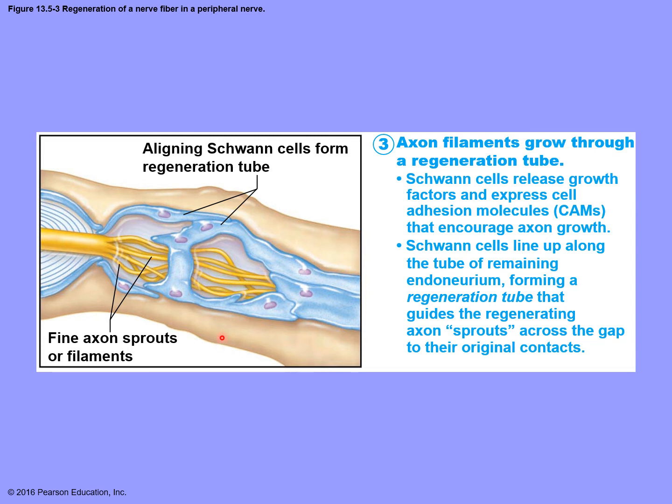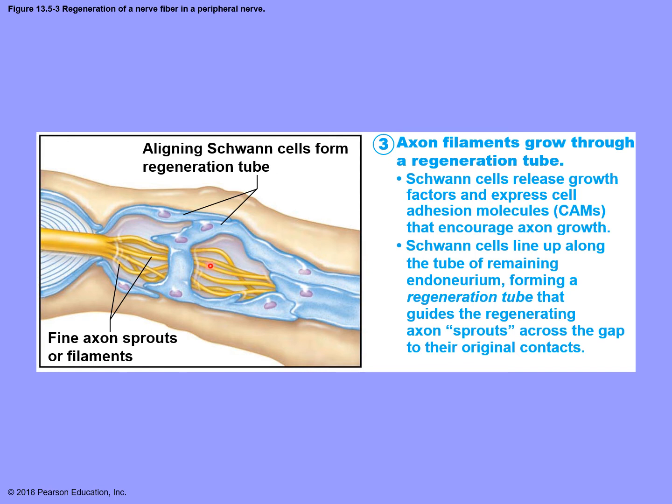The axon filaments will start to grow. As you can see here, they start growing. The Schwann cells release growth factors that encourage the growth, and they line up, trying to make a tube inside of which the axon originally was found. It's going to be called the regeneration tube.